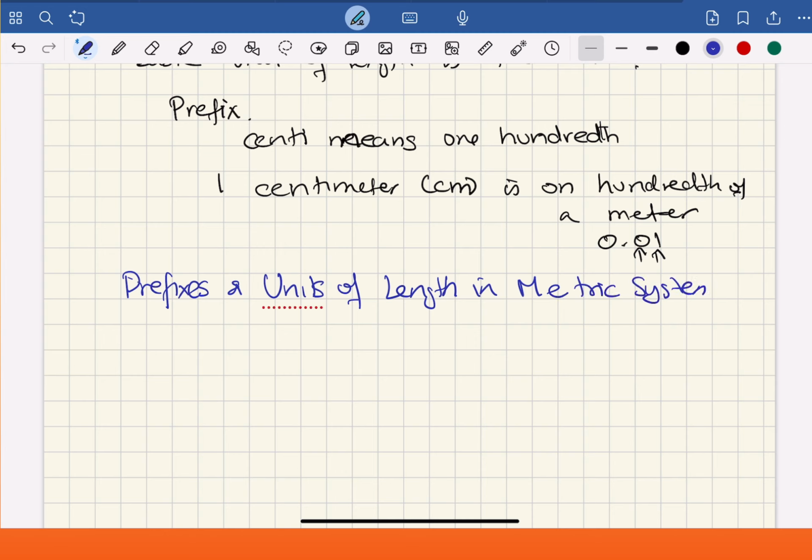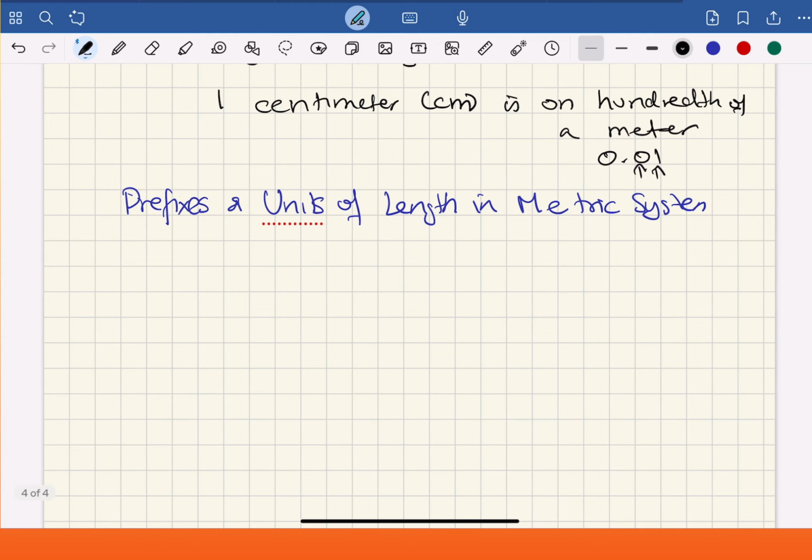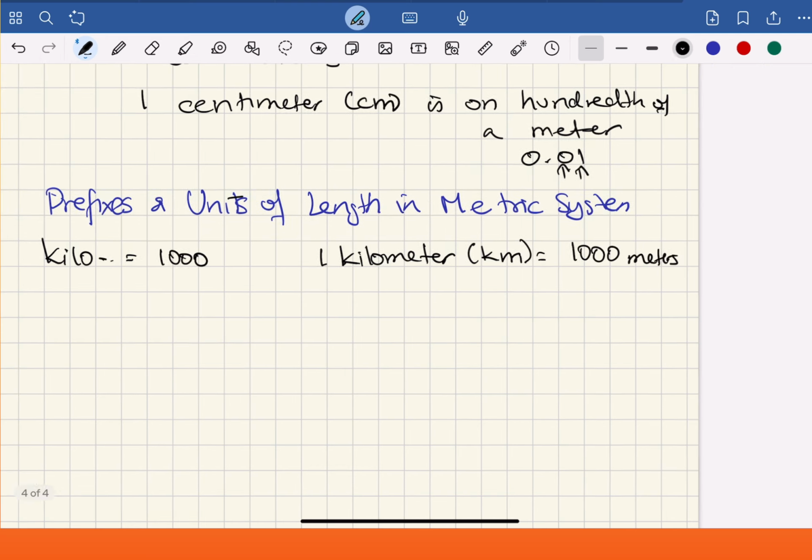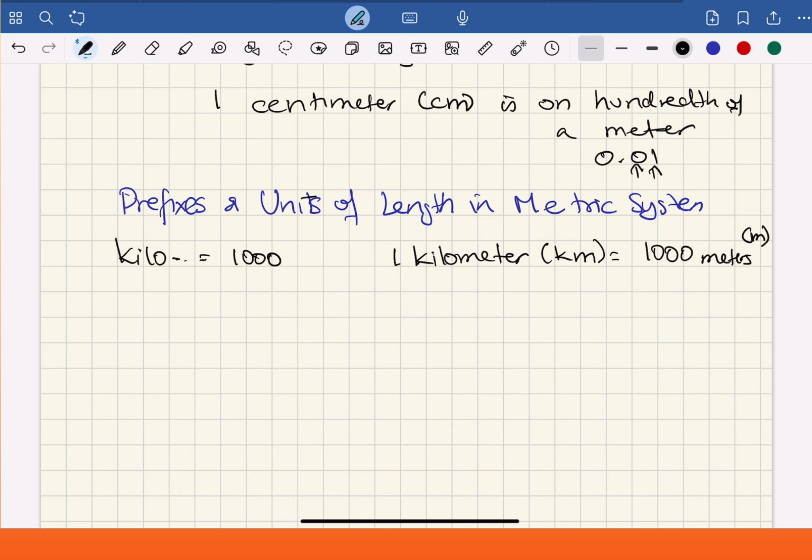The prefixes are kilo, which means 1,000, not 10,000, 1,000. So 1 kilometer, abbreviated as km, equals 1,000 meters, abbreviated m.